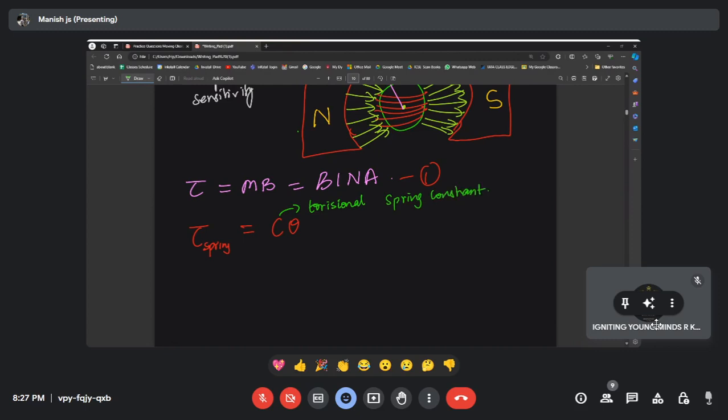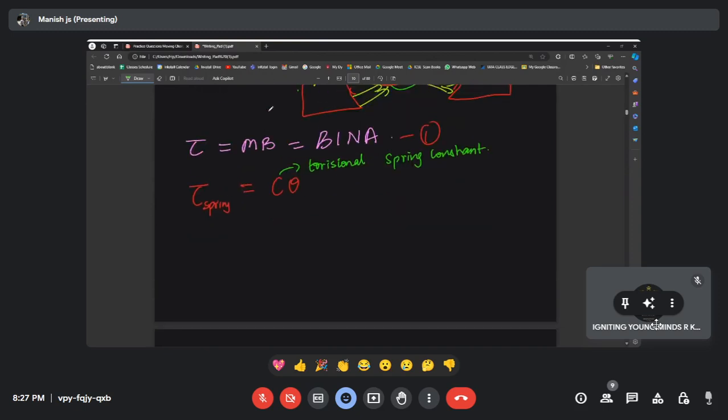So whenever there is torque, due to the torque the coil starts to rotate. At the same time, the spring will try to oppose the torque which has been produced. So it will try to restore the pointer to its normal configuration. This is what happens in real time. Therefore, both the torques are going to be equal and acting in opposite directions, so we equate them.